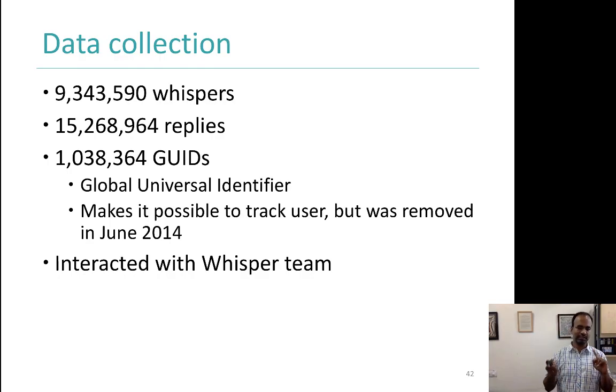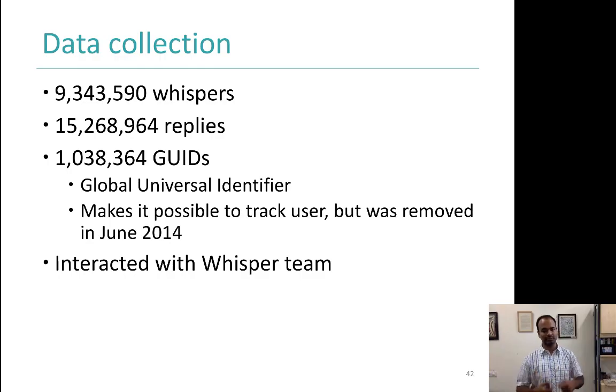Interestingly, the team that worked on this also interacted with the Whisper team, where they talked to them about the data they were collecting and about this universal identifier. They were able to convince the Whisper team that using this ID, you could actually go back and find out which user did what.